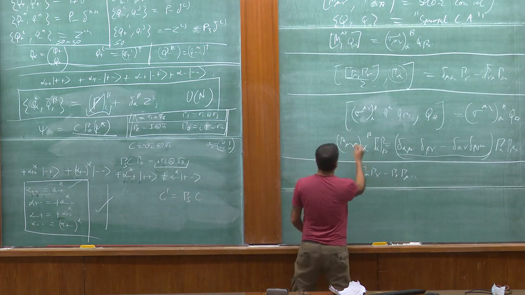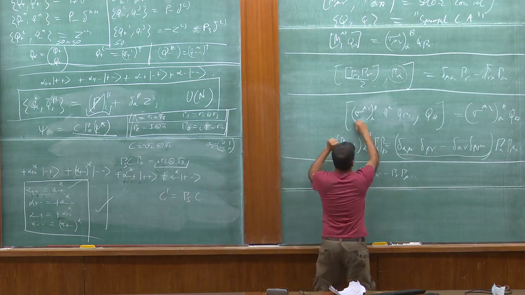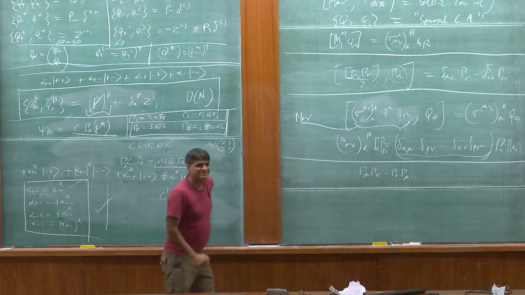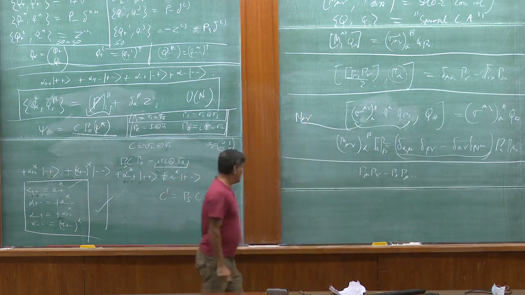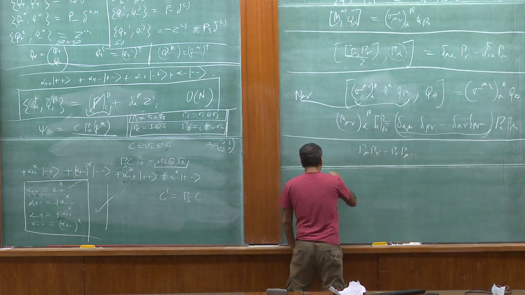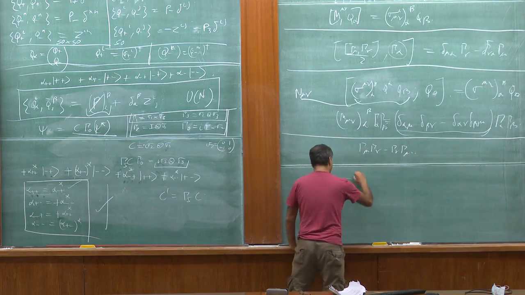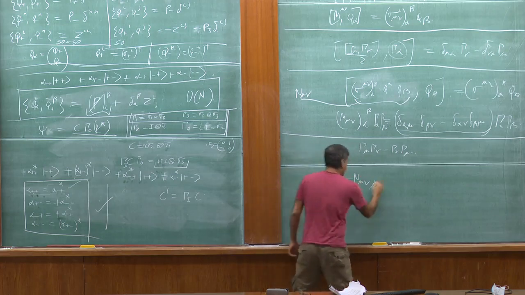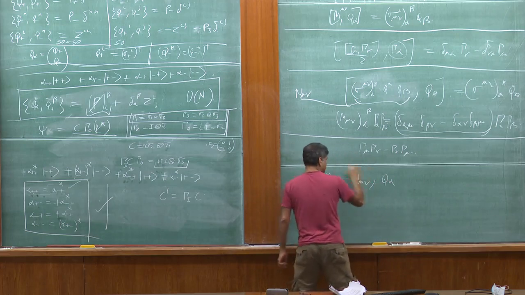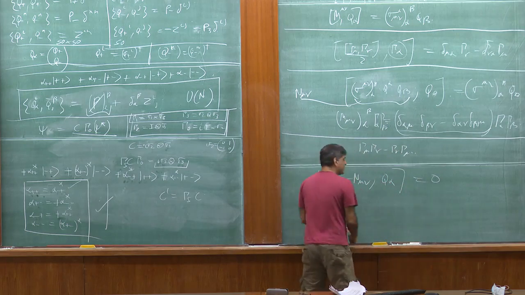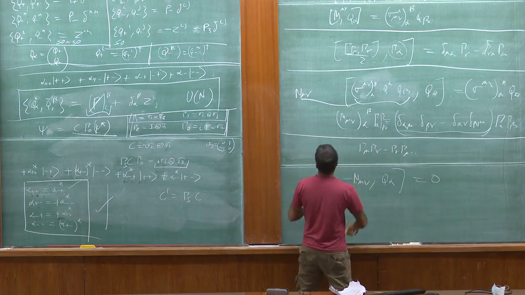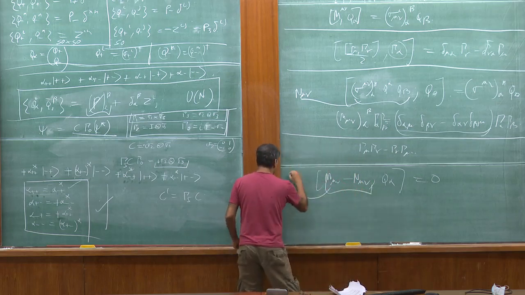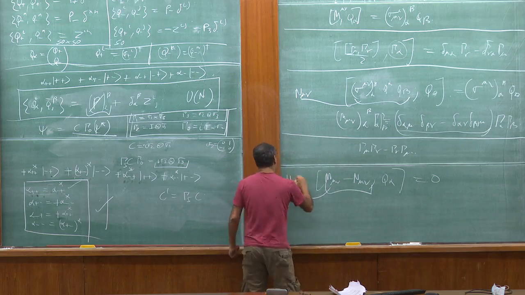Let's call this construction, this object, n mu nu. Now we say that m mu nu minus n mu nu, anti-commutator q alpha, is equal to 0. We'll call this minus thing by another name: let's call it h mu nu.